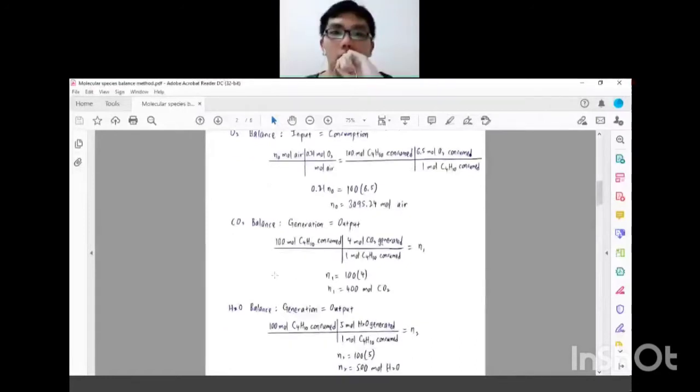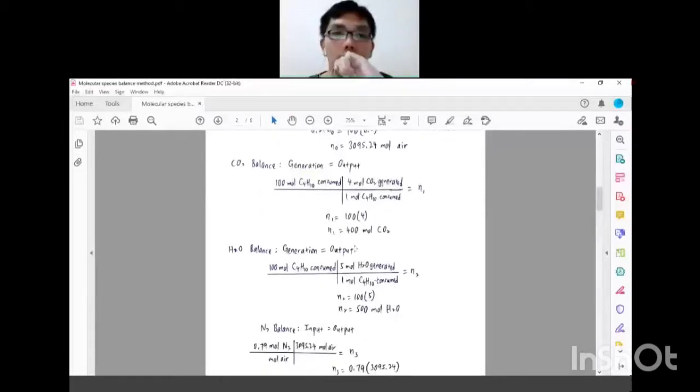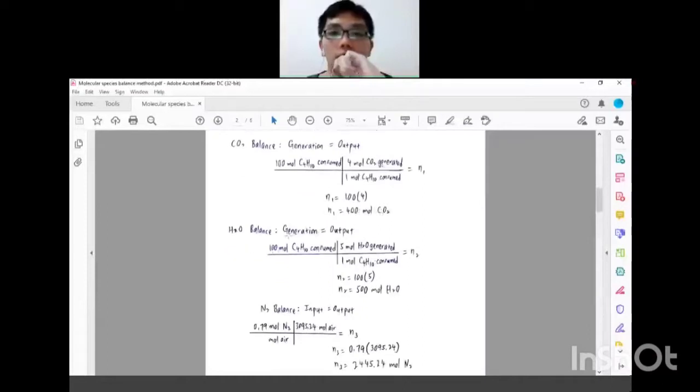And then for the carbon dioxide balance, generation equals output. For the generation, we multiply 100 moles of C4H10 consumed by 4 moles of CO2 generated, so that we will get the value for n1, the number of moles of carbon dioxide. The answer is 400 moles of CO2. Then for the water balance, generation equals output.